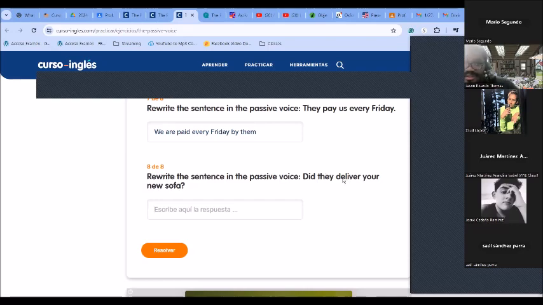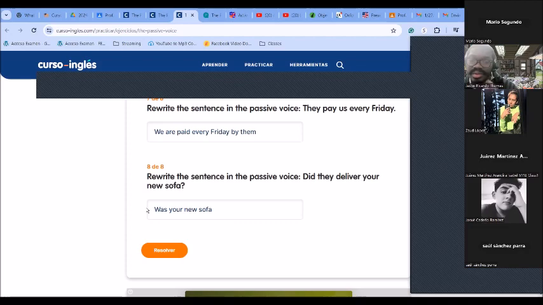The object is your new sofa, so that's what comes first. But it's still a question. So how would I start my question? With your auxiliary verb. What's my auxiliary verb for passive? Was.